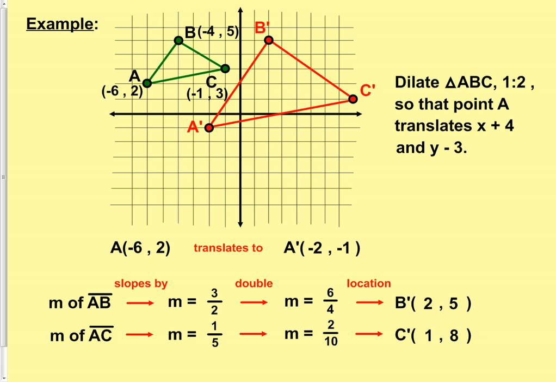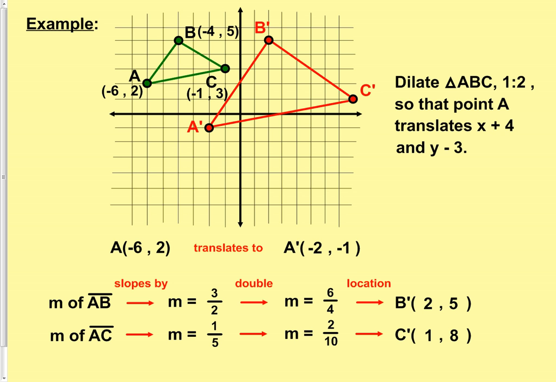If you get to thinking about it, this idea can also be accomplished with a distance formula. We can find out how far it is from point A to point B, and then double that to figure out where point B prime should be. Or, like with the previous example, instead of taking half of the slope, we could have used the idea of midpoint.